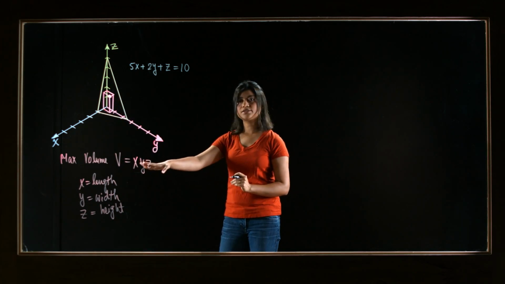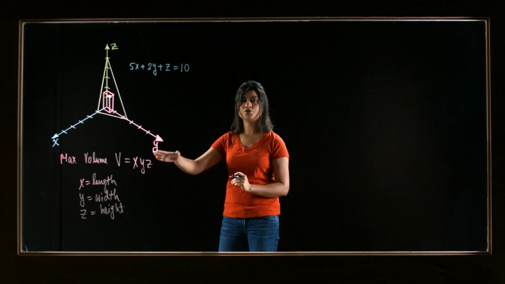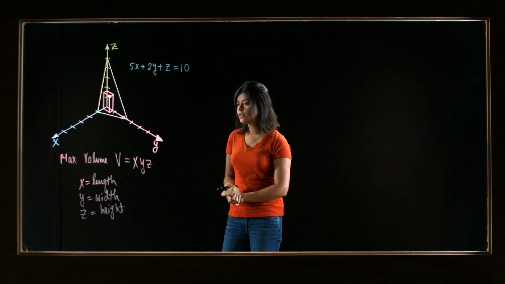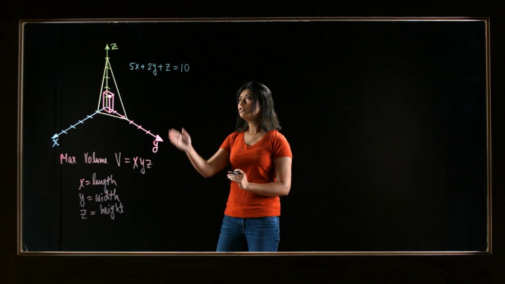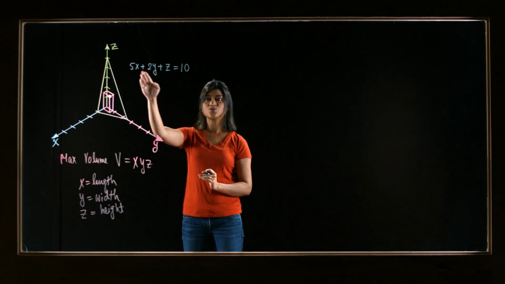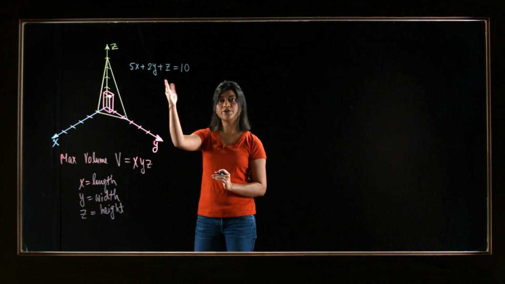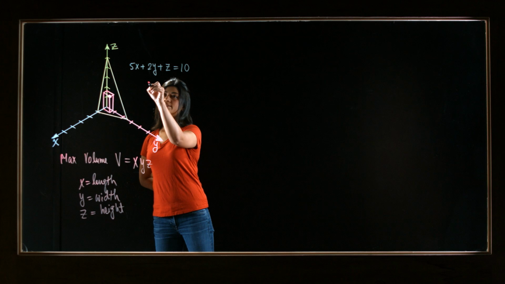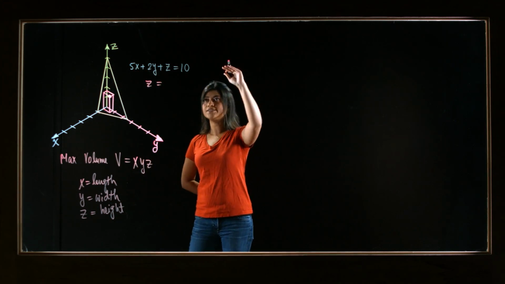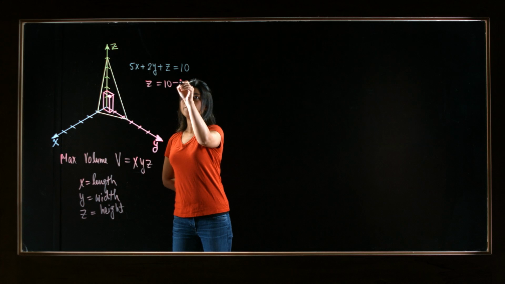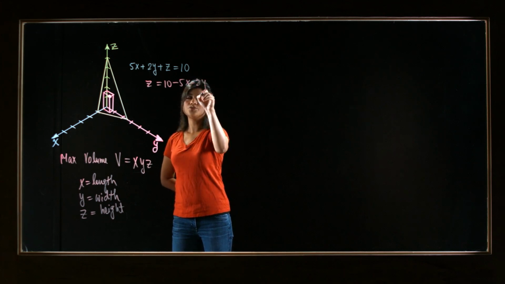Now we want this volume function to be in two variables, but there are three variables, so how do we change it into two? Look, there is a relationship between x, y, and z, so from here we can solve for z. Take the 5x and the 2y to the right hand side, so z equals 10 minus 5x minus 2y.